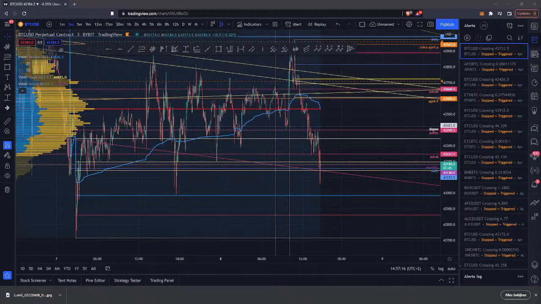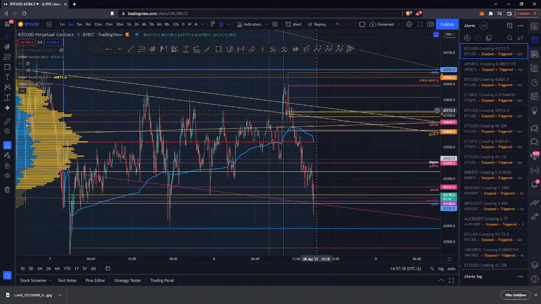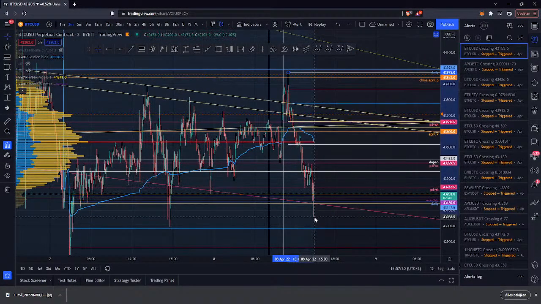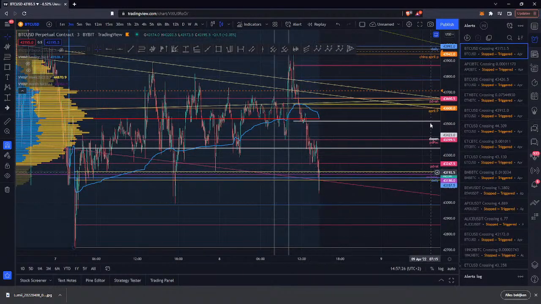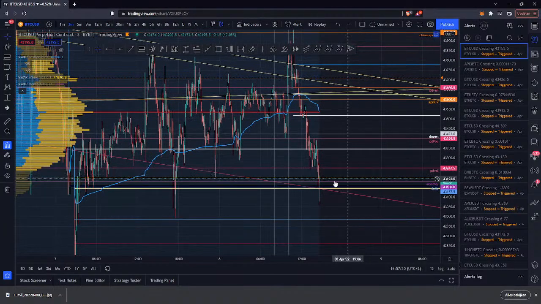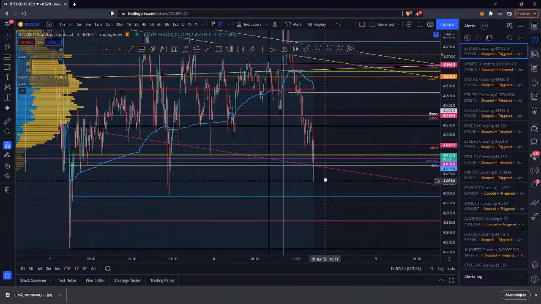Let's see. We now need to adjust this one. And TradingView is back updated, so we got our levels. We're at the daily, the monthly, at the pitchfork right now.